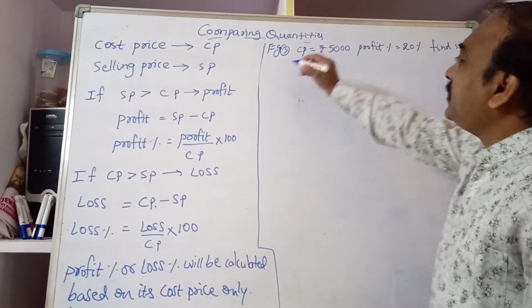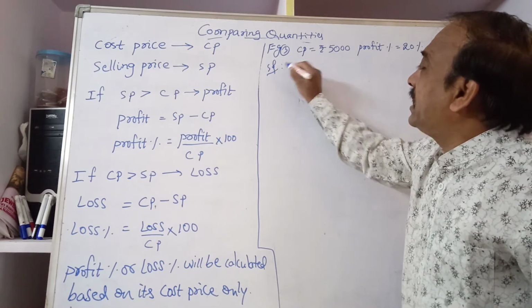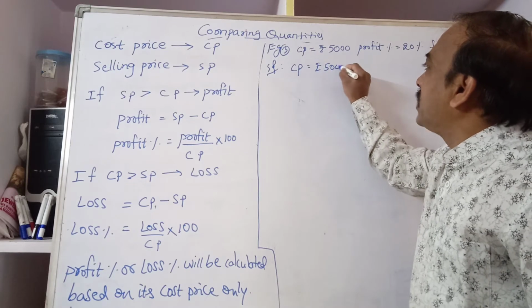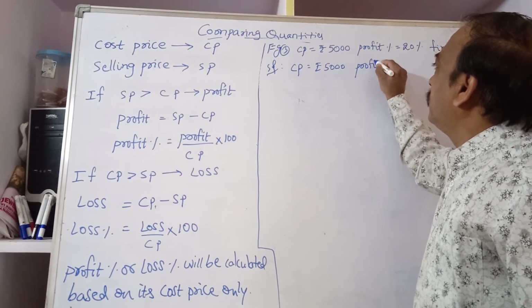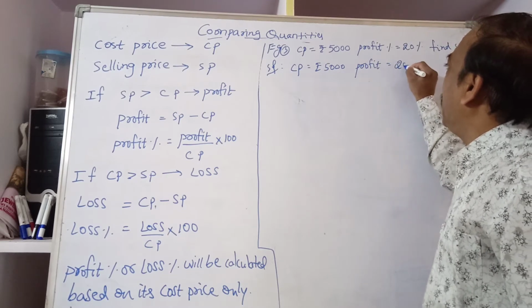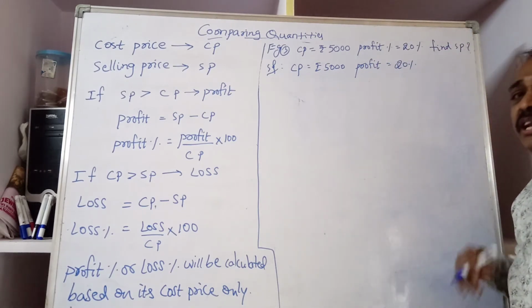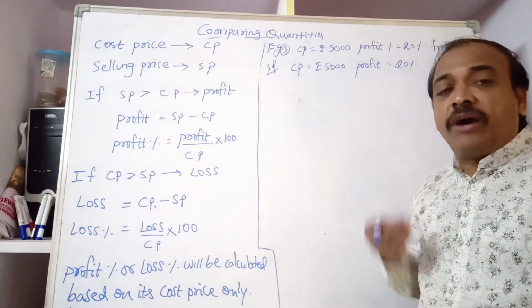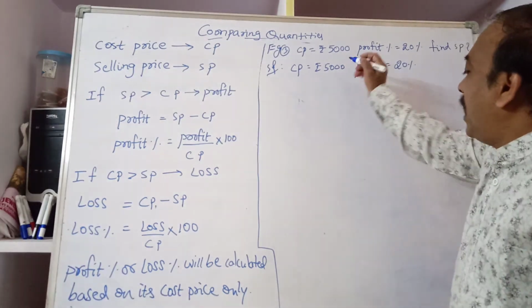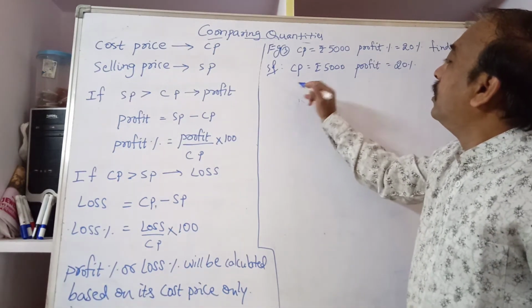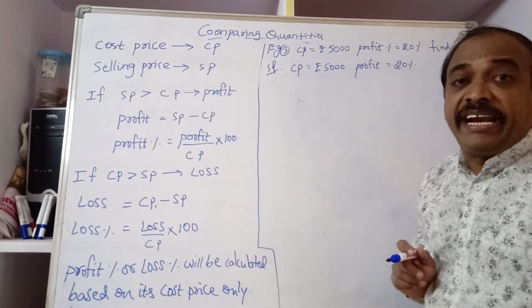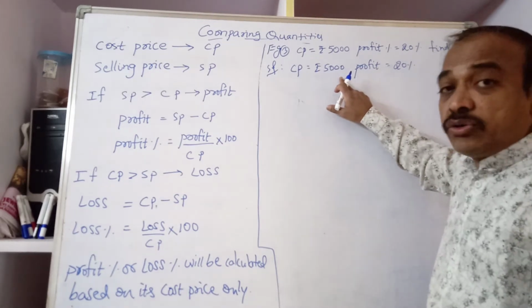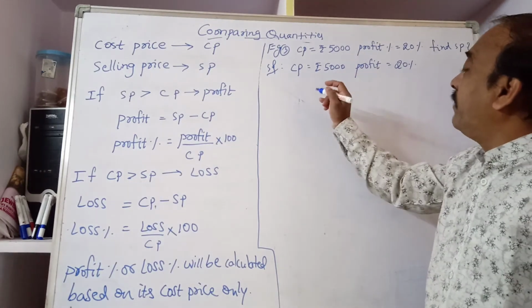Observe it. So here the solution: given that CP equals rupees 5,000 and profit equals 20%. We calculate first how much profit he got. It is in percentage, but we need to get it in the form of amount. So profit is 20% on 5,000.